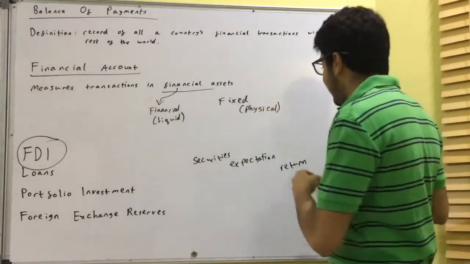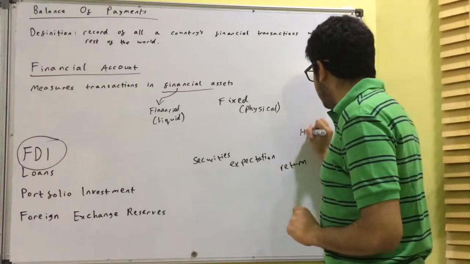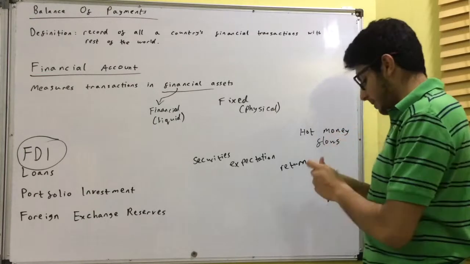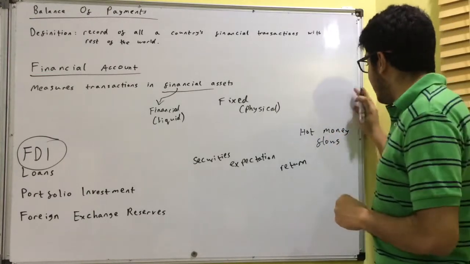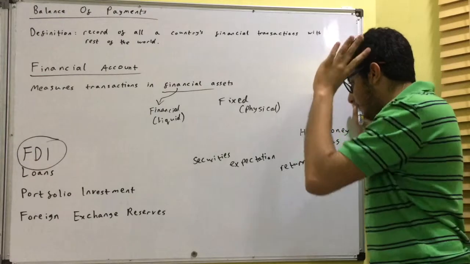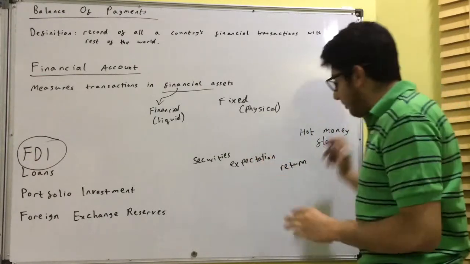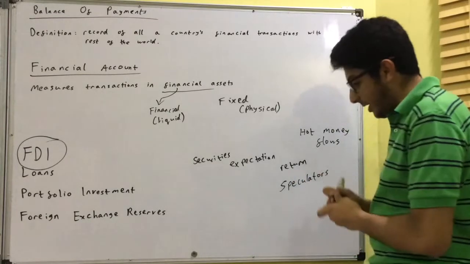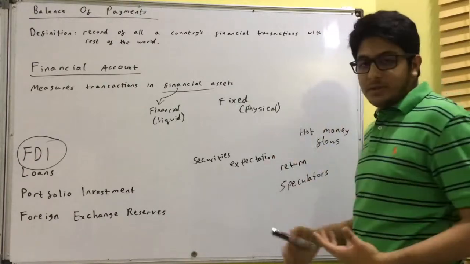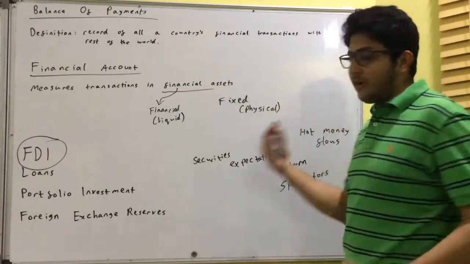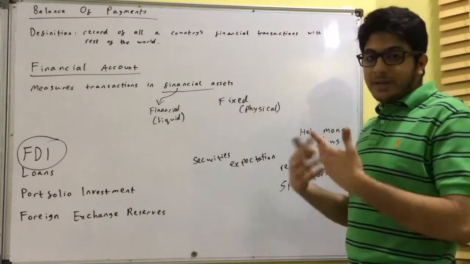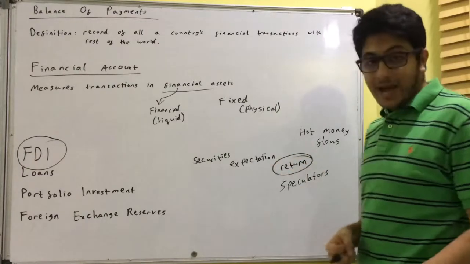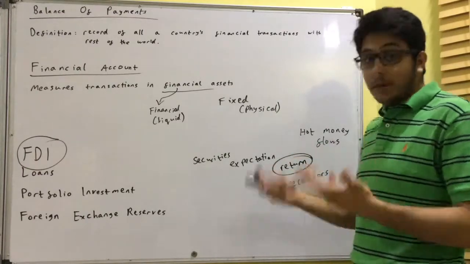It also measures hot money flows and capital flight, I would presume. Portfolio investment is mainly undertaken by speculators. Speculators are investors who invest in stocks, bonds, and government securities all over the world, expecting to earn a return on that investment so they can make a profit.